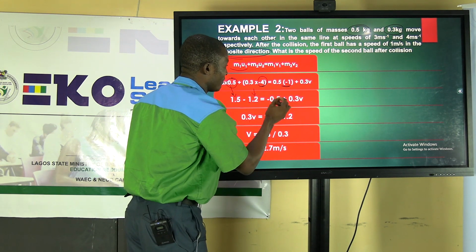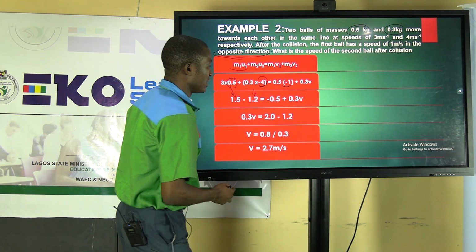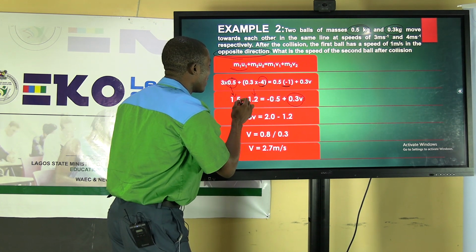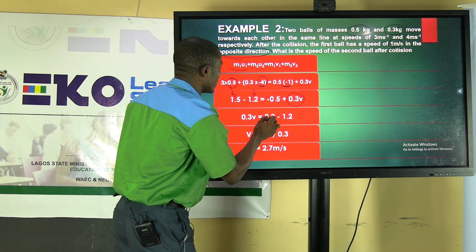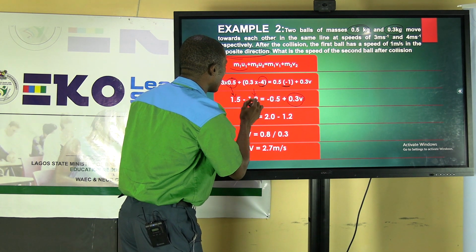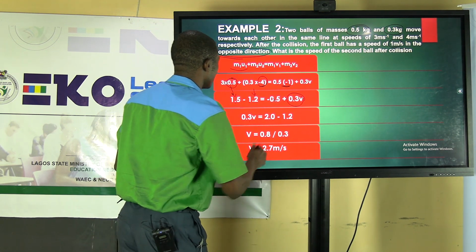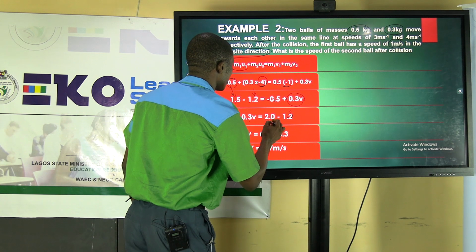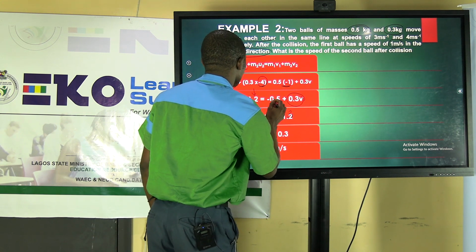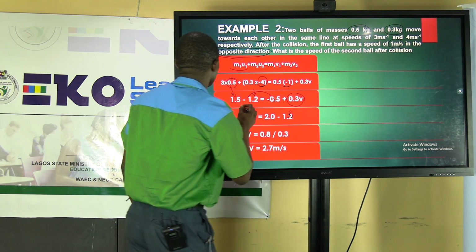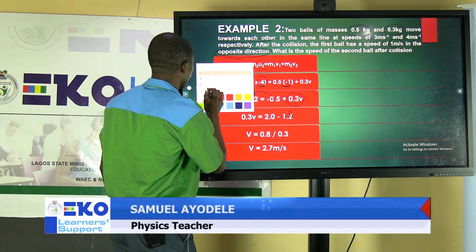So when you multiply, you have this, then 0.3 is here. So when you make this the formula, this comes here. You're going to have 1.5 minus 1.2, that's 0.3. This should be 0.3. Then this coming here, okay, yes, it's still correct.